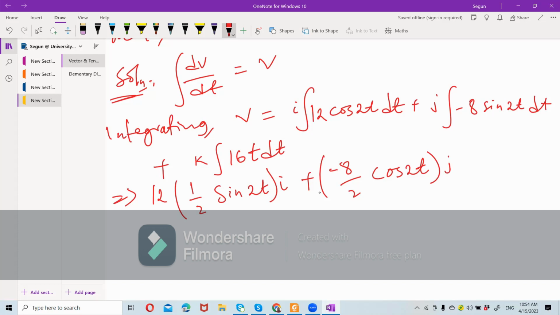But this is negative 2. Negative will have cancelled negative here. I hope you agree with me. Then plus 16t squared over 2.